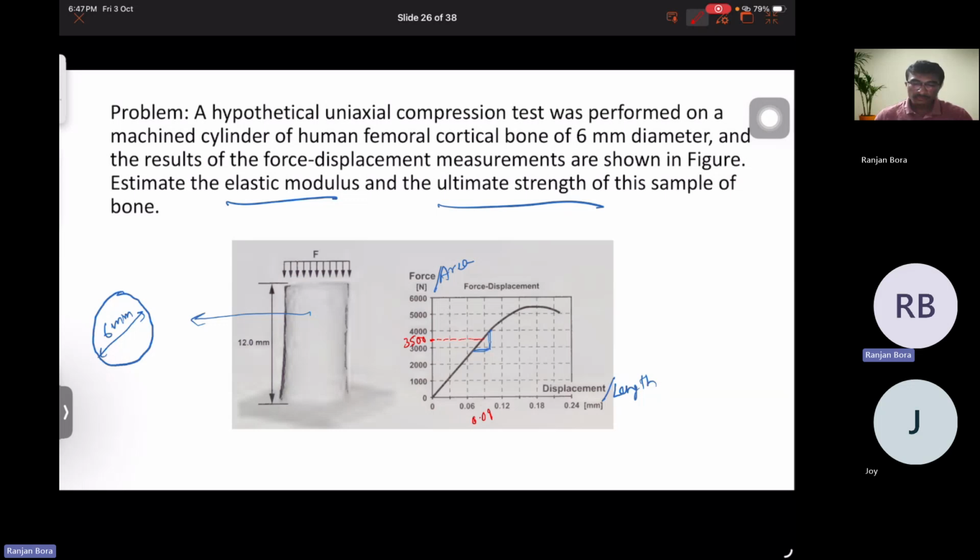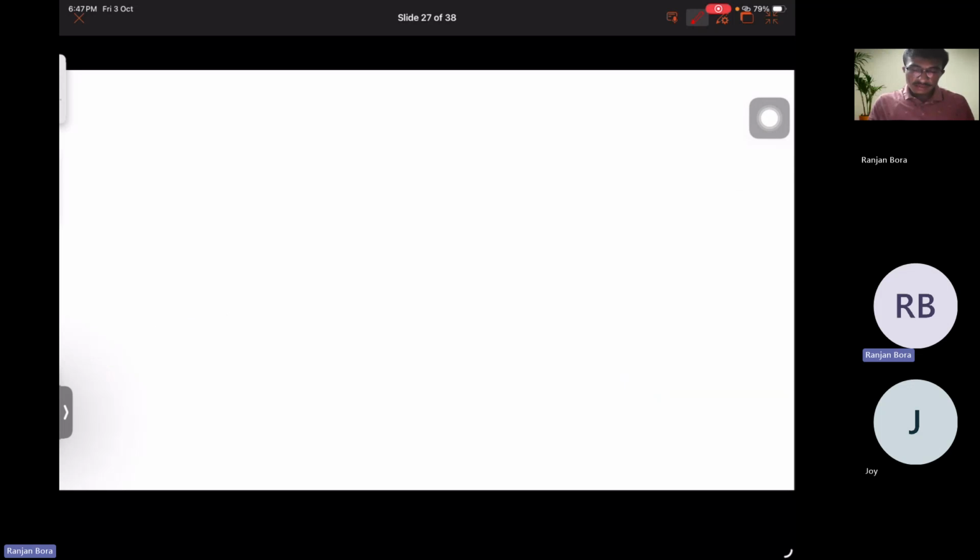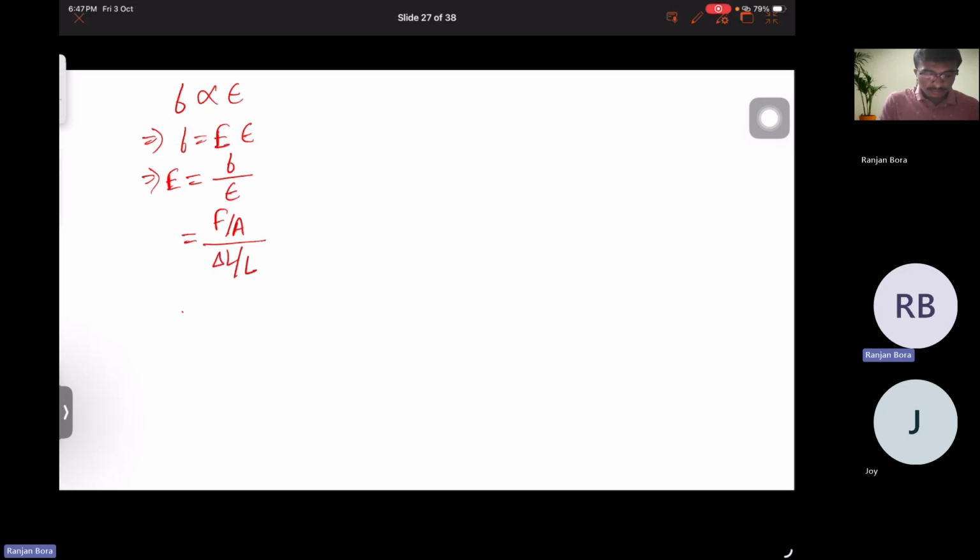Okay, so how will we find the elastic modulus? From Hooke's law, stress is proportional to strain. So stress equals E multiplied by strain, where E is the elastic modulus. So E equals stress divided by strain. Stress is F divided by area and strain is delta L divided by the actual length.